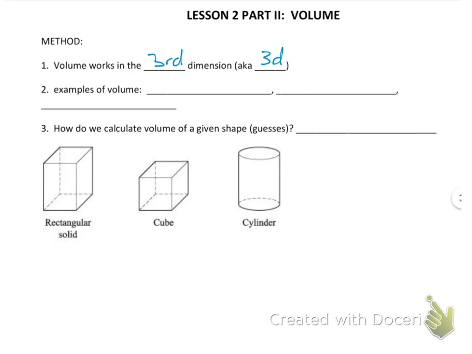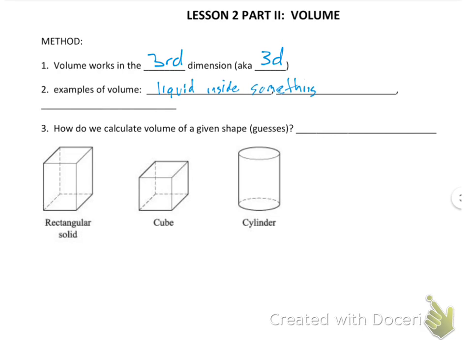Volume. So, liquid inside something, right? An object or something. I think that might be one of the easiest ways to visualize volume.